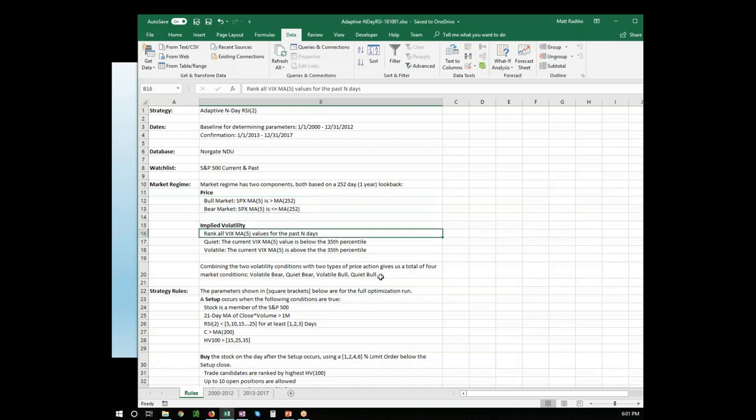I'm looking at implied volatility rather than historical volatility, and again at a 5-day moving average. If the 5-day moving average is in the bottom 35th percentile, so roughly the bottom third of the past 252 days or 1 year, then we're going to call it quiet. And if we're in the top two thirds, we're going to call it volatile. So that's my definition for this test.